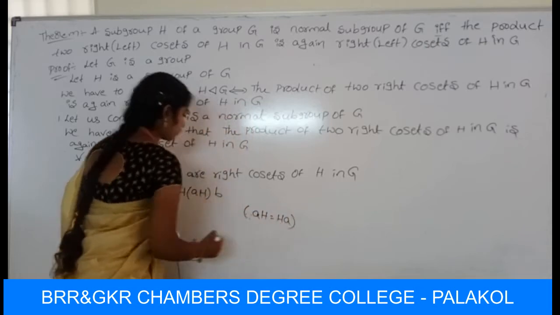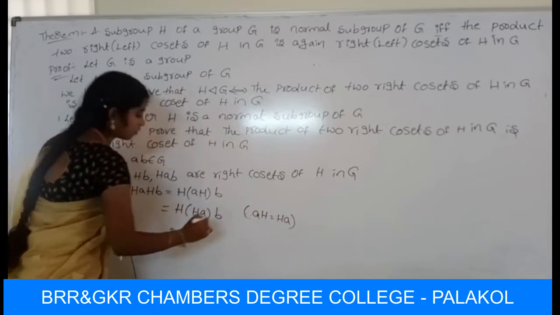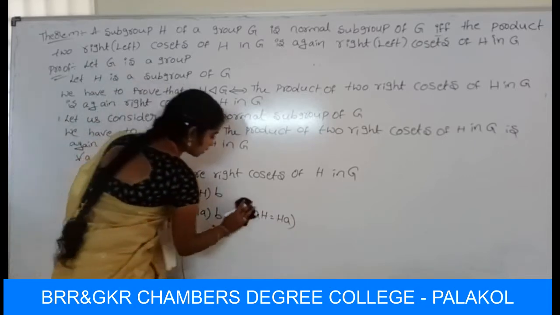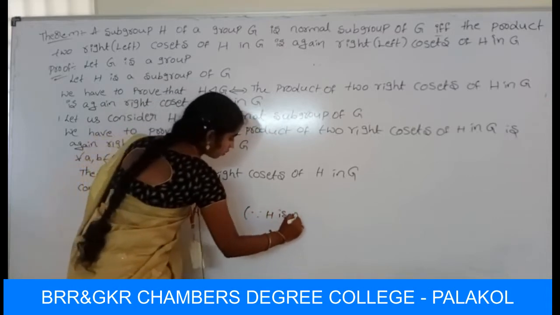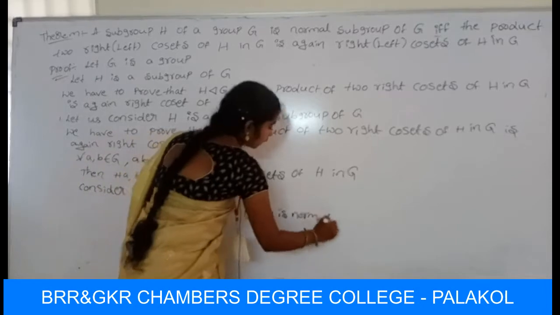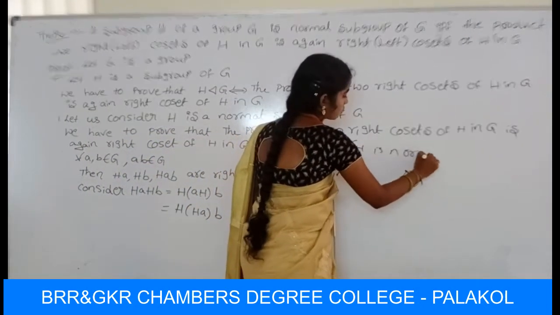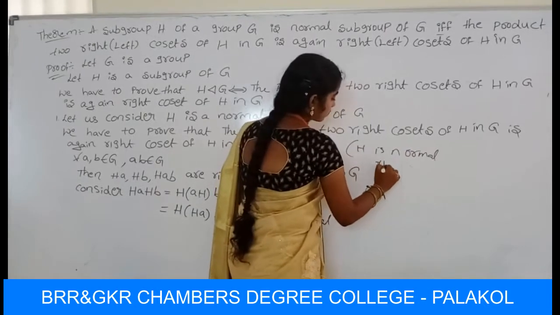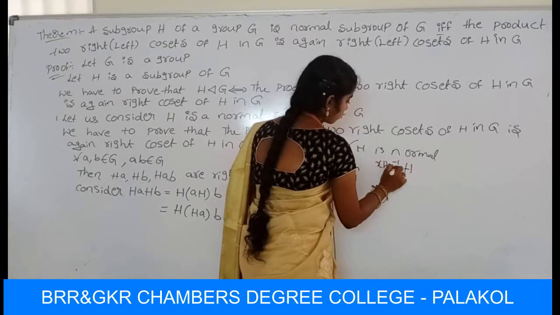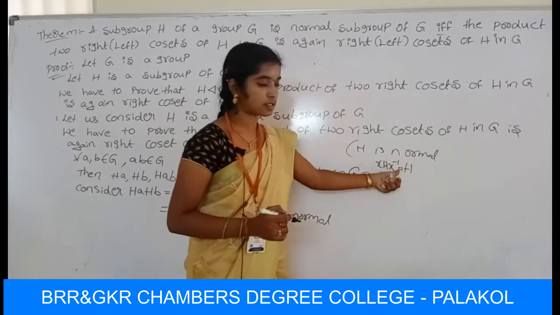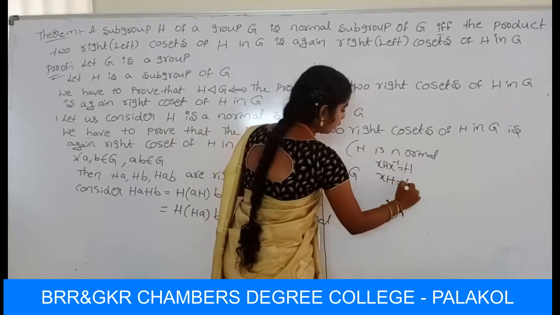So that means H into HA into B. Since H is normal, already you know that H is normal, so that means X H X inverse equals H. So this can be written as XH equals HX.